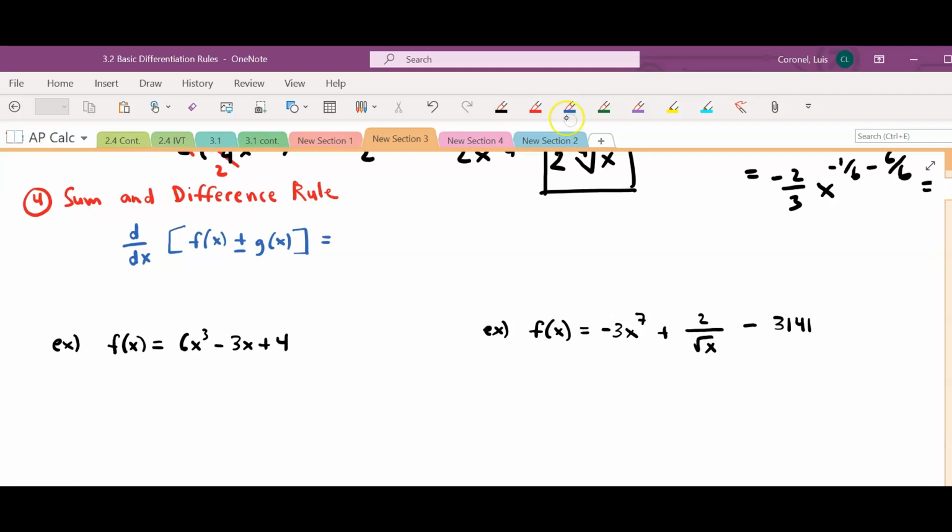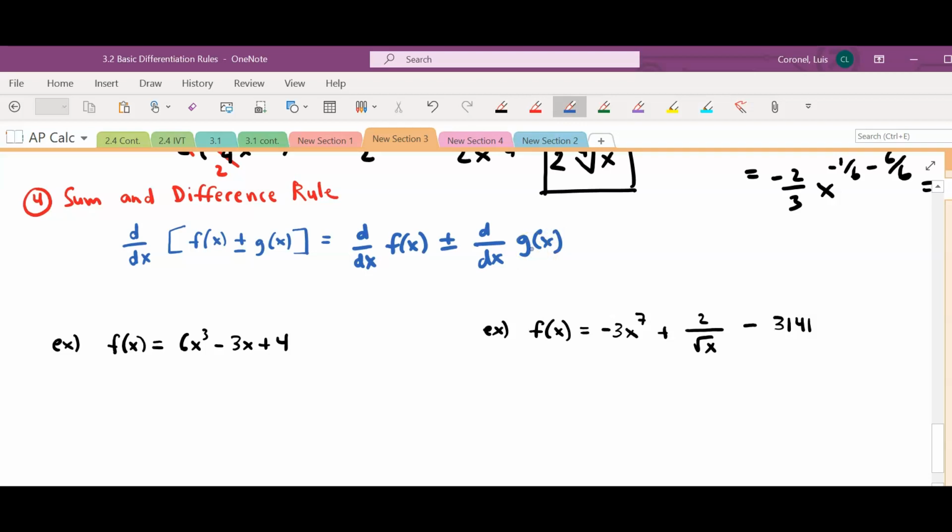So when you do the derivative of f plus or minus g, it'll be the derivative of f plus or minus the derivative of g. Get carried away with my parentheses here. So you could do the derivative separately.